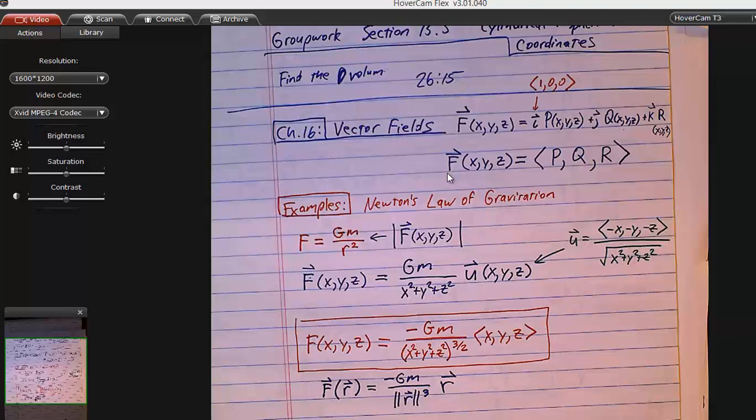I don't know when and if we use polar. If we're going to integrate, of course we would at times.